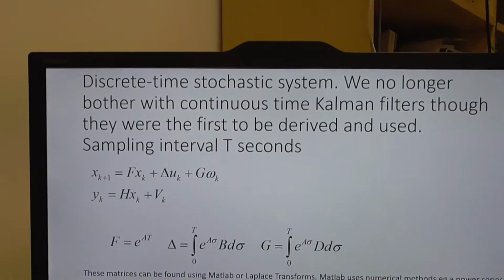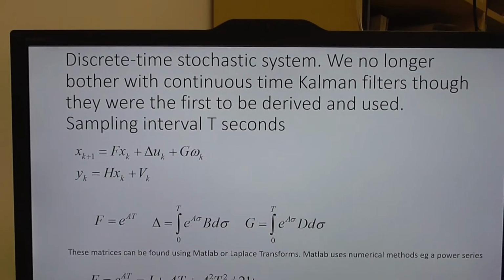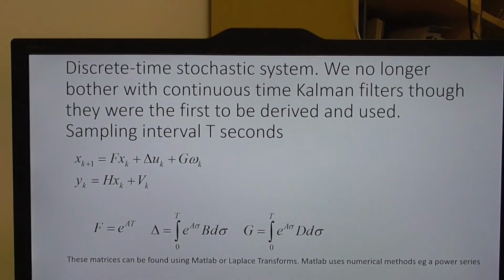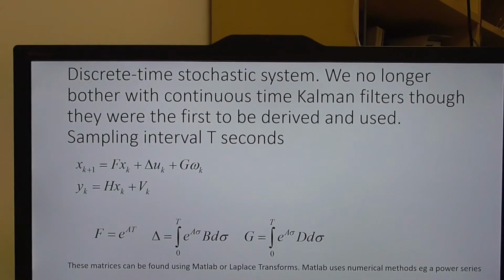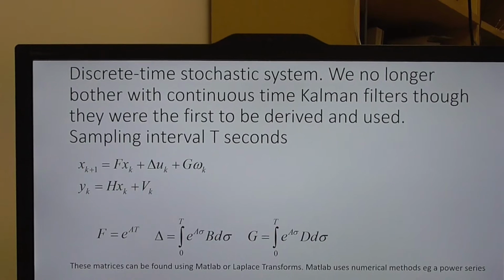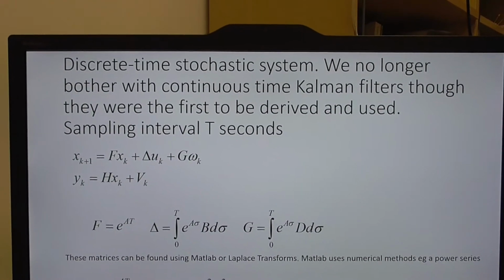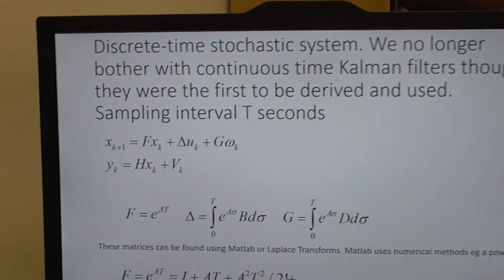Now, to state space, we're going to consider a discrete time system. I'm not going to continue much with continuous, although we'll come back to it, but in terms of implementation we're going to use discrete time because everything's done on computers now.